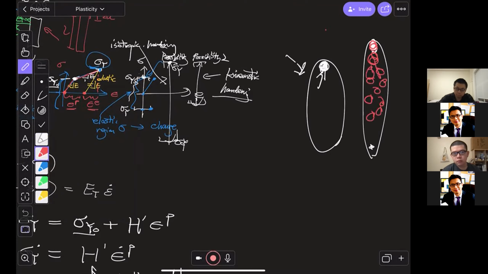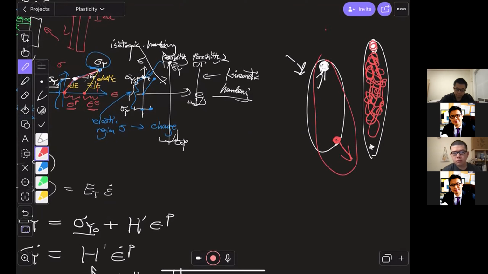When I move the ball along whatever path inside that region, I cannot move the boundary. The boundary will remain the same, right? That is because the material is not path dependent, until I hit another boundary and push it, then the shape changes again. Okay, you get that idea of elasticity and plasticity.